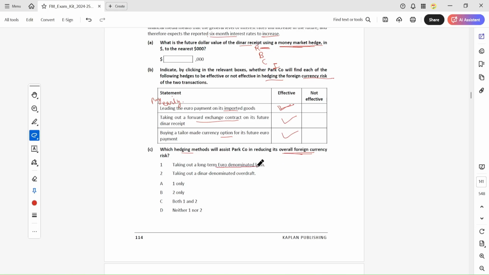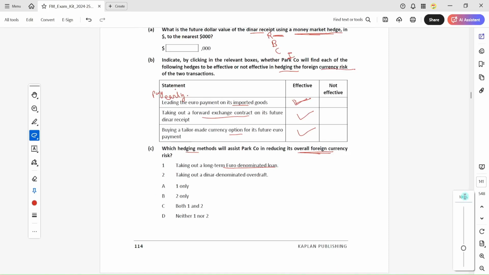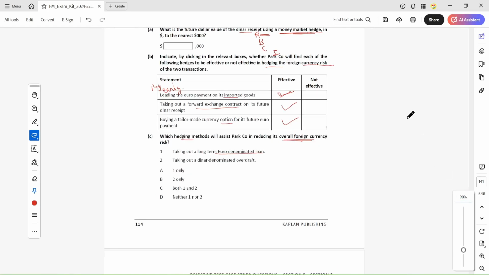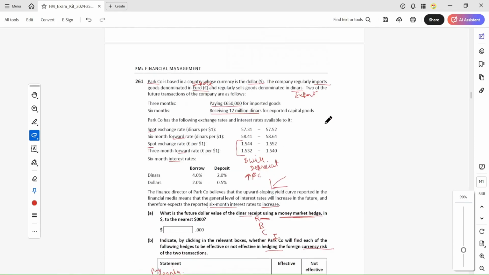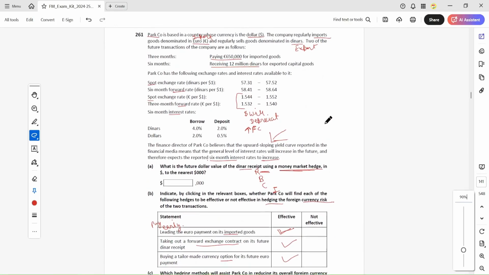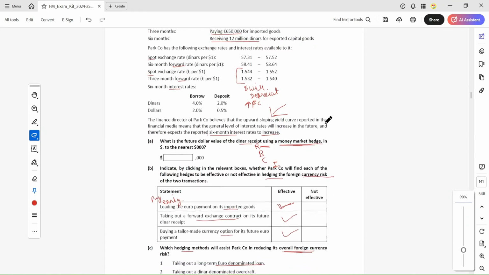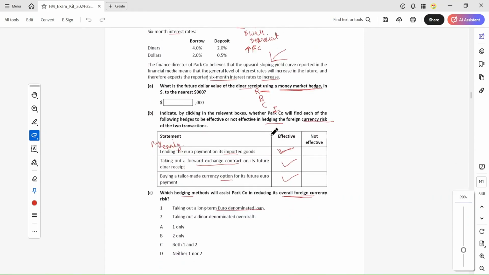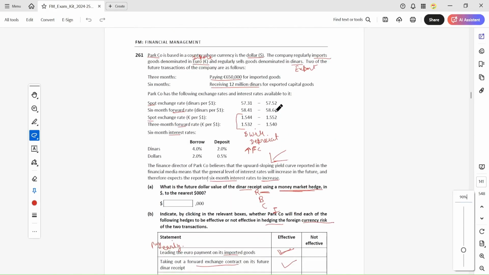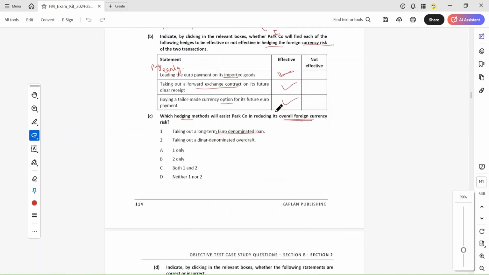We already have a liability payable in euro.